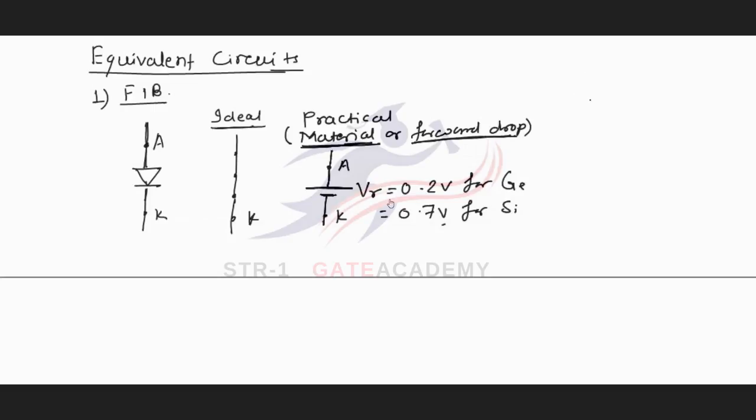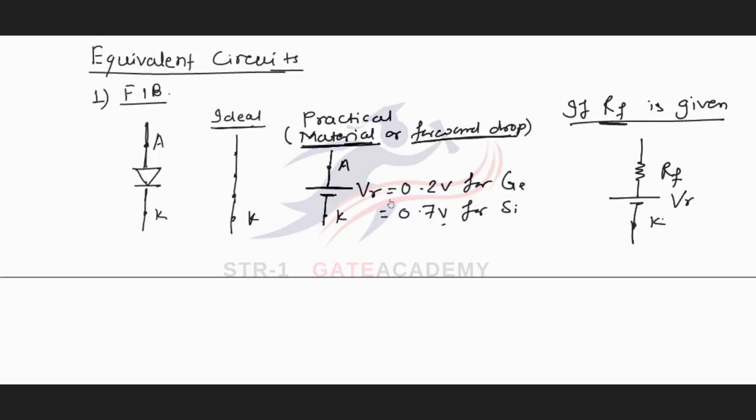Last case, in some cases the forward resistance of the diode is also given. It means the diode is operating in forward bias and offering some resistance. Obviously it will be very small, but if it is given in the problem, it should be considered in the equivalent circuit, and the diode will be replaced with this forward resistance RF and cut-in voltage V gamma.